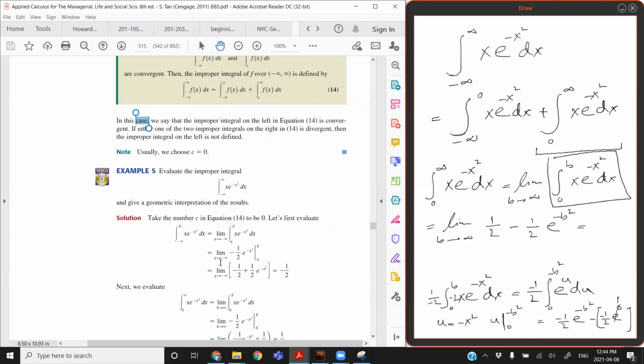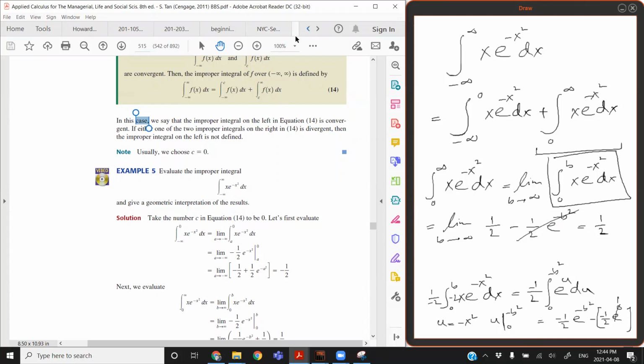Same story: as b approaches infinity, b squared is going to approach infinity. So negative b squared is going to approach negative infinity, and e to negative infinity is going to be 0. So this part is going to just be 0, and you get 1 over 2. If you do the other one using the same method, you're going to get negative 1 over 2.